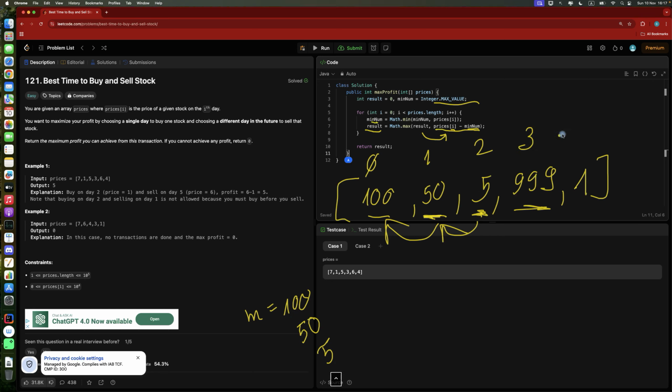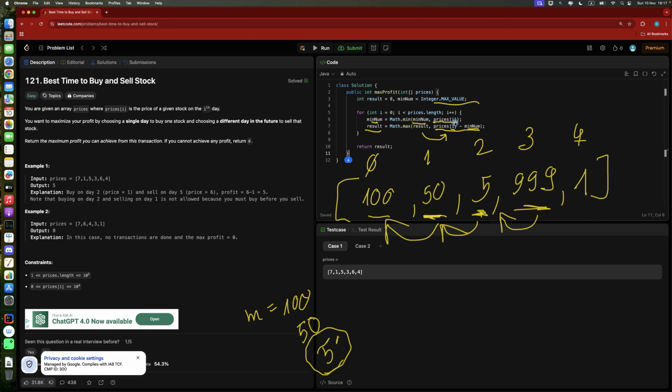At index 3, right? What will happen? The min value is 5. Okay, and now this value, the price i, is not lesser than the min value because the min value is 5.